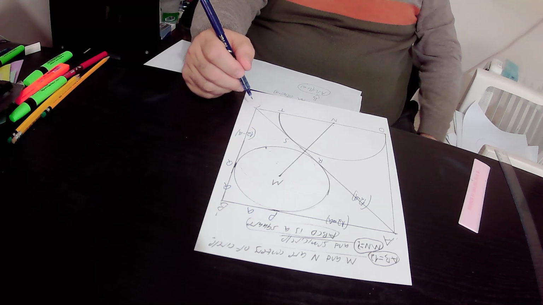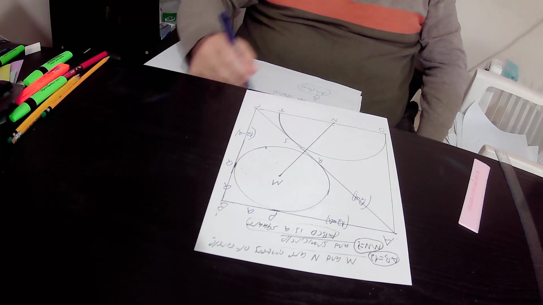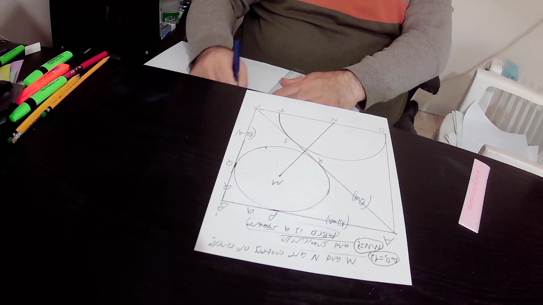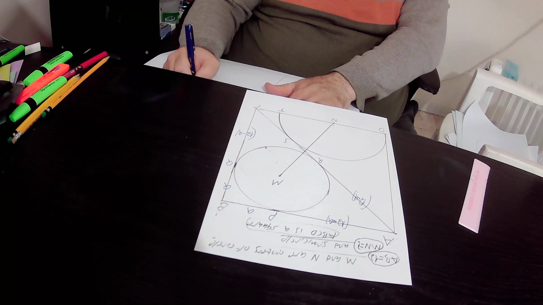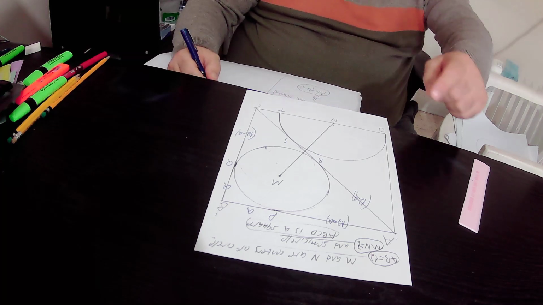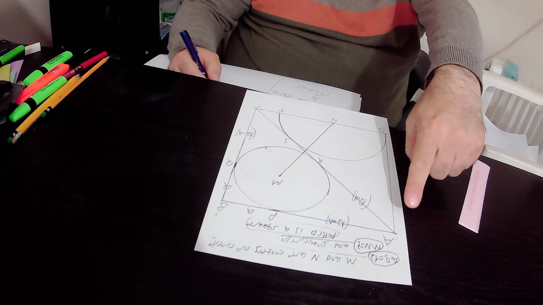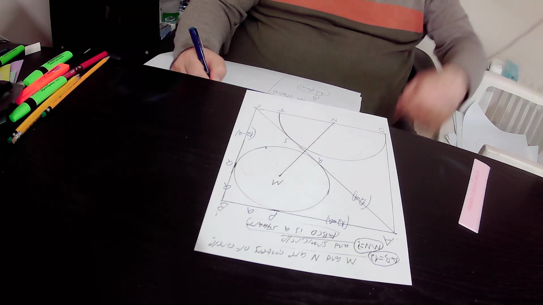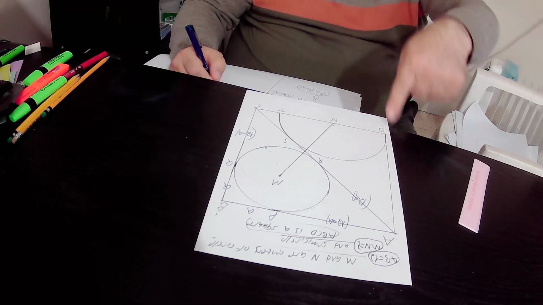And we'll continue to focus on point A. From the external point A, we have two tangents to the semicircle. The first tangent is tangent AS, and the second tangent to this semicircle is AD.